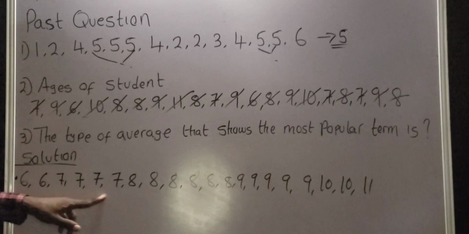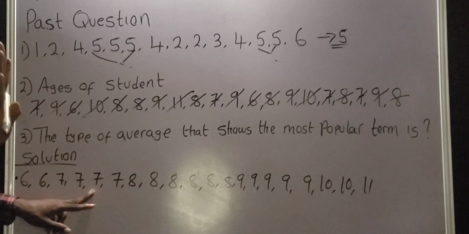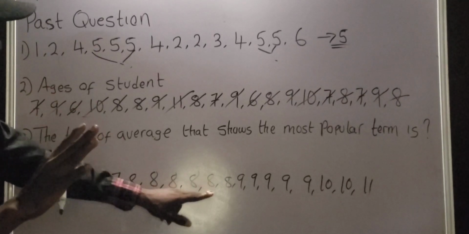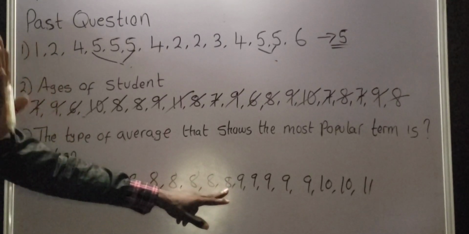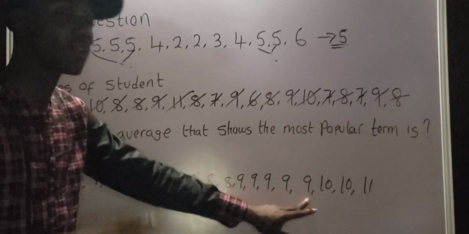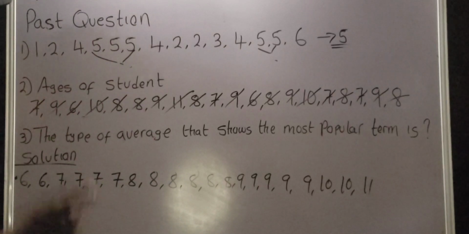6 occurs 2 times. 7 occurs 4 times. 8 occurs 1, 2, 3, 4, 5, 6. We have six 8s. 8 occurs 6 times. And 9 occurs 1, 2, 3, 4, 5 times. 10 occurs 2 times, and 11 occurs only a single time.